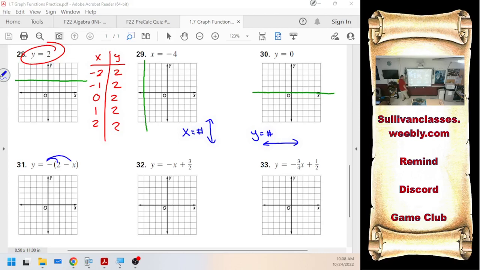31, 32, 33 involve a little more thinking. 31, I would distribute getting -2 plus x and then make my table. Okay, call it good.